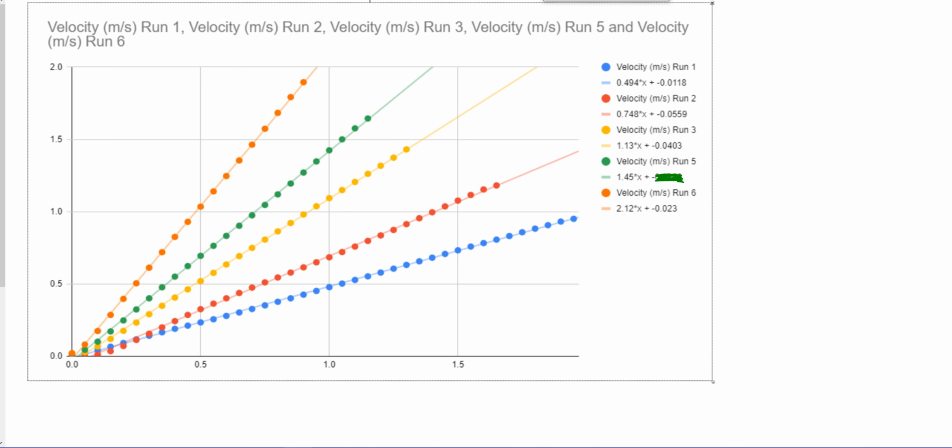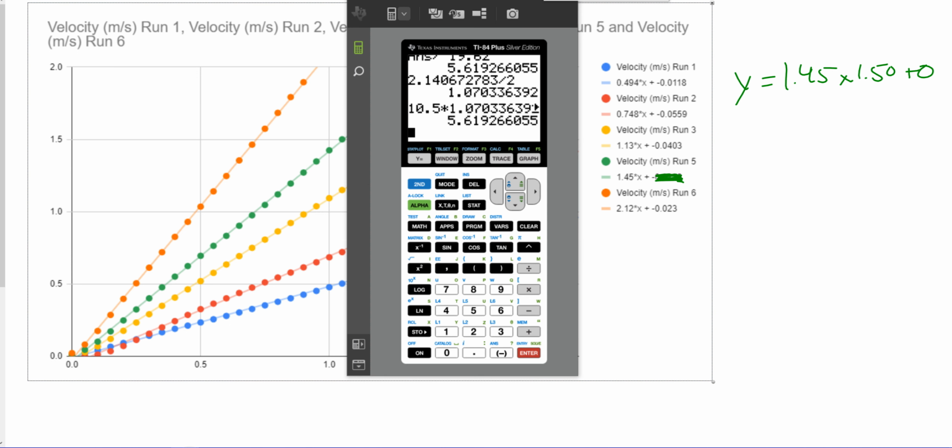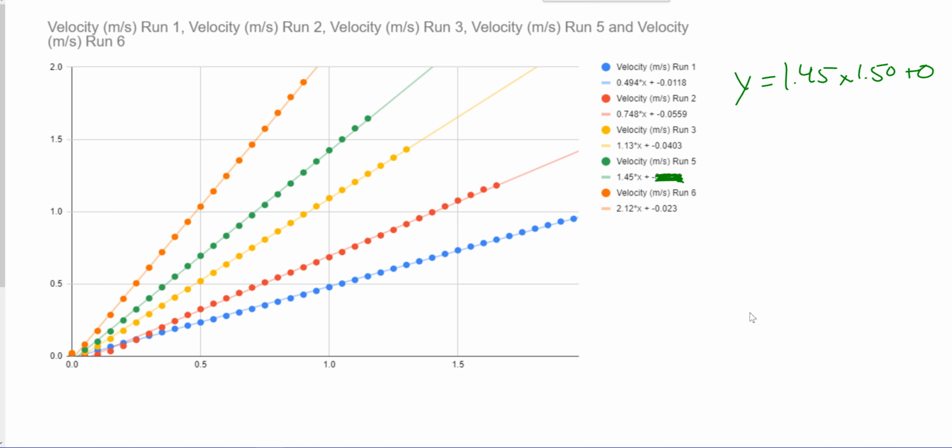Well, we don't know what the y value is at 1.5 seconds because it's off the graph, so we have to calculate that. y will equal 1.45 times 1.5 plus 0, because we said the y-intercept is 0. So first we do that calculation to get y, and we get 2.175 meters per second.